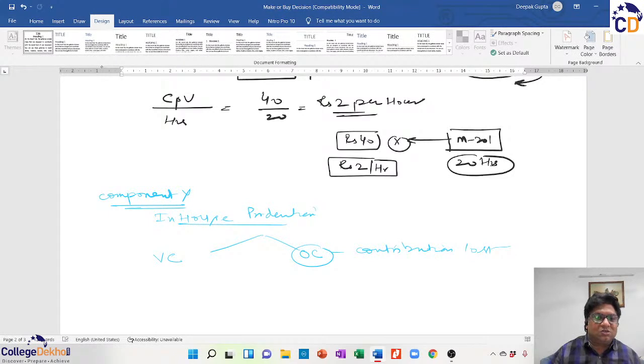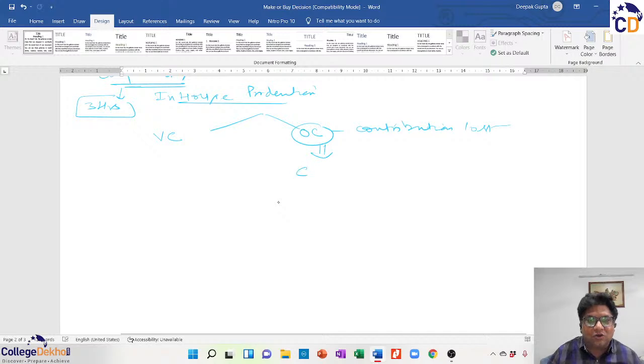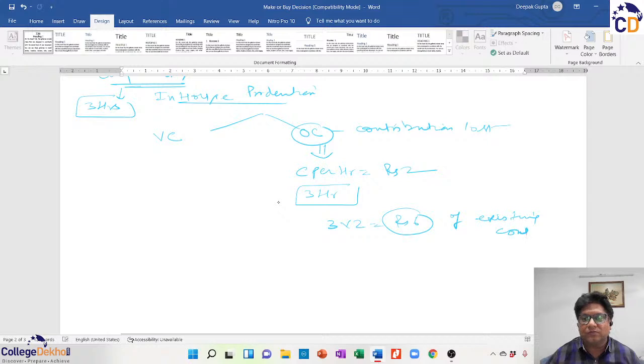It means because this component will use 3 hours of production, this opportunity cost will be that, because the contribution per hour is ₹2 and this product will consume 3 hours, if we exit the production of product X and instead create a component Y, then 3 into 2, that is ₹6 of existing contribution will be lost.